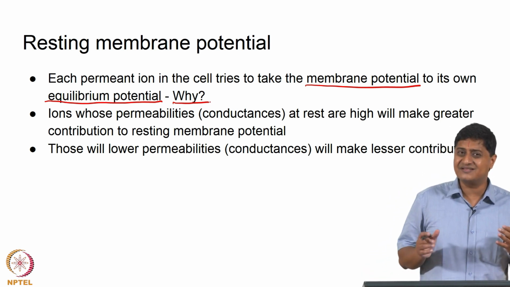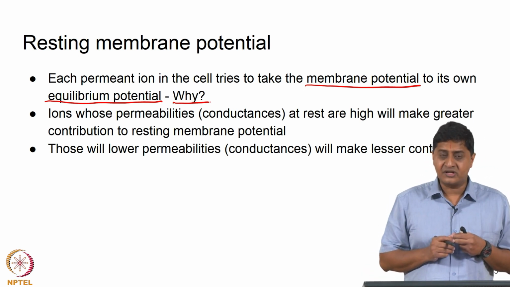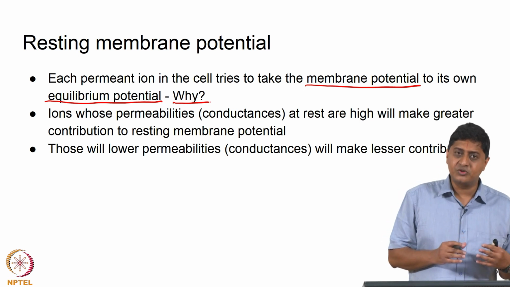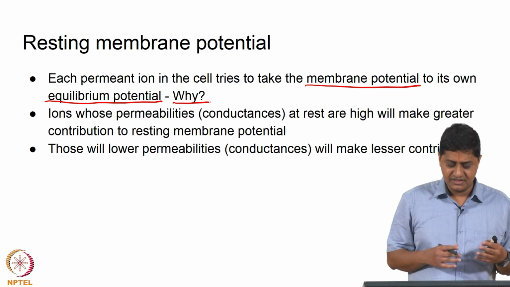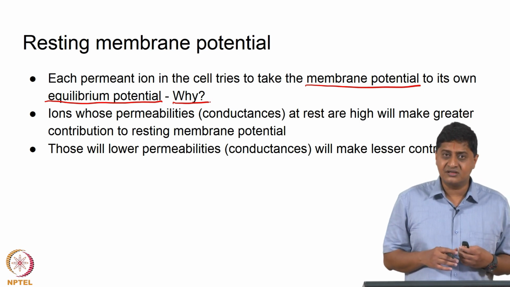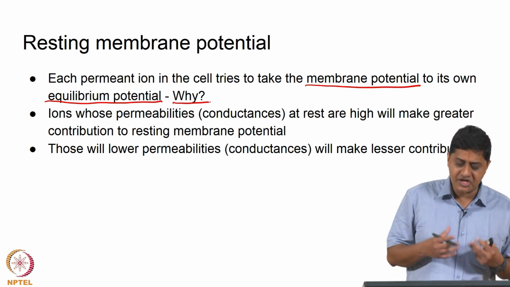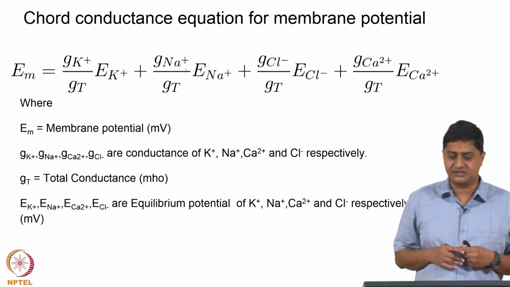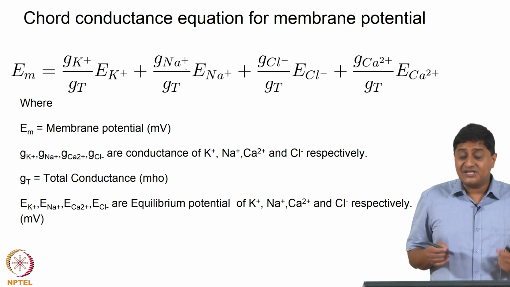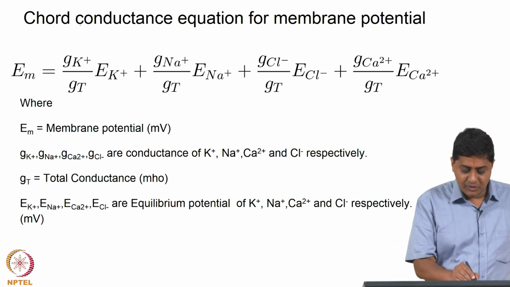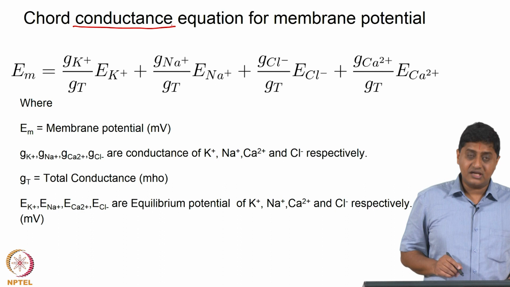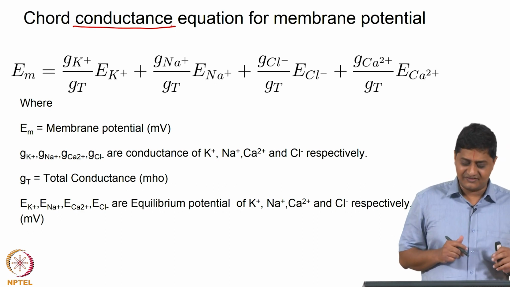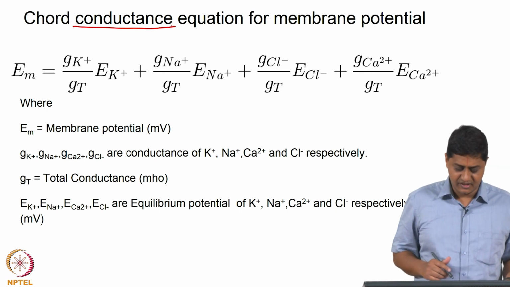So, it seems like there is a net permeability for the biological membrane, and different ions contribute different amounts of these permeabilities. If we could somehow come up with an equation, a relationship between that, that would be good, and that is the Chord conductance equation. Except that in the Chord conductance equation we are talking about conductance and not permeability, but we said these are similar quantities but not the same, obviously the units are different.